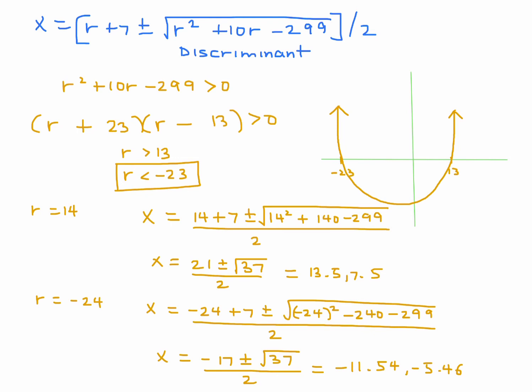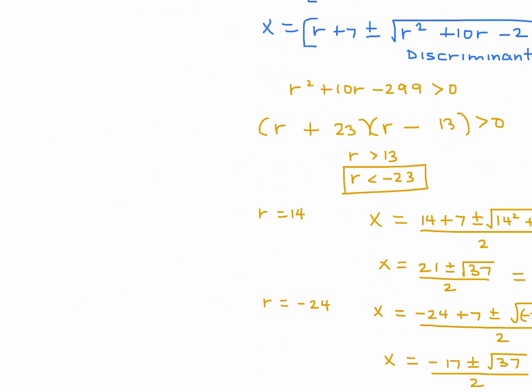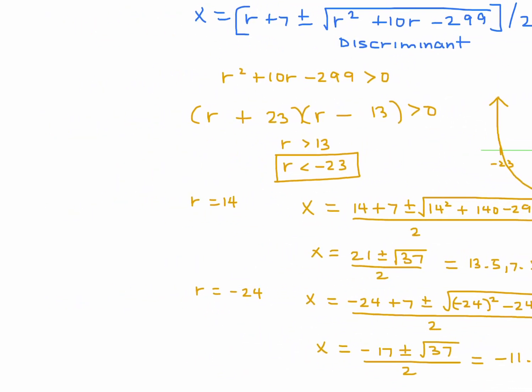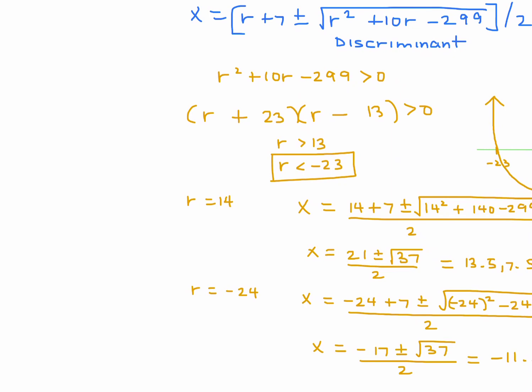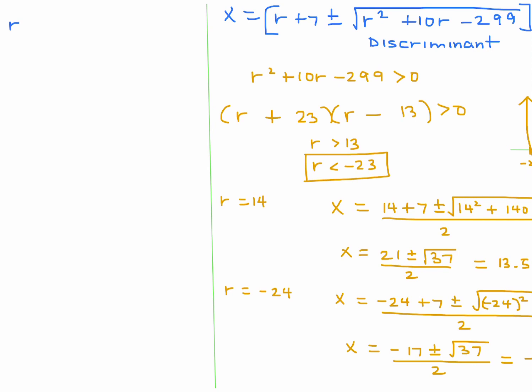So let's do that. Let's just keep that in the screen. And let's set that less than 0. So r plus 7 plus or minus the square root of r squared plus 10r minus 299, all under the radical, divided by 2, that has to be less than 0.